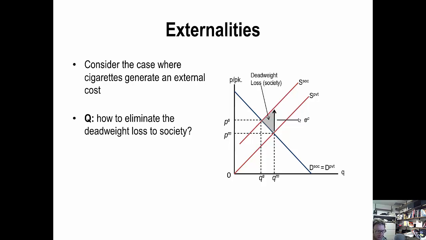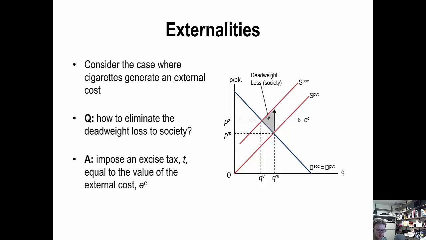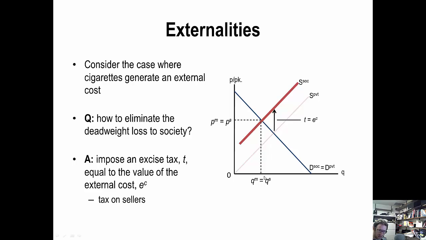And that tax, and we know this from previous lectures, is just going to raise the cost of smoking up to the point where it's equivalent to the social cost of smoking. And now, because this is the new private cost of smoking, when a private decision maker chooses to smoke cigarettes, she'll smoke up to the point where her private benefits are equal to her private costs, which are her pre-tax private costs plus the tax itself, and she'll choose to smoke right here, which is not only going to be the new market equilibrium, but it's also going to be the socially optimal quantity.